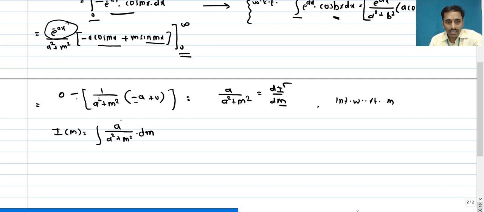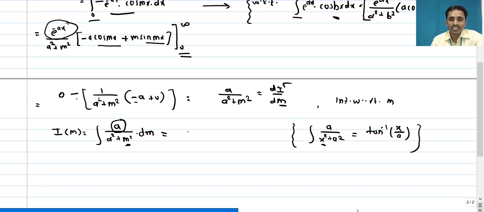See friends, this a is now constant, so this is constant upon constant square plus variable square, something like the integral of a upon x square plus a square, where x is nothing but m. We know this integral is nothing but tan inverse of variable upon constant. Apply this formula here. This integral is tan inverse of m upon a, where the variable is m here, plus the integration constant c, as this is an indefinite integral.